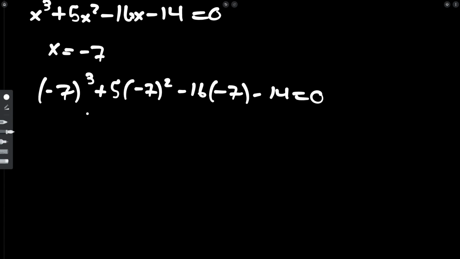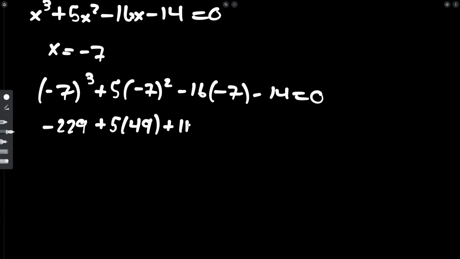7 times 7 is 49. 49 times 7 is 280 plus 49, 229. So this would be -229. And it's negative because -1 times -1 times -1 is -1. Then we have 5 times 49 plus 16 times 7 is 70 plus 42.